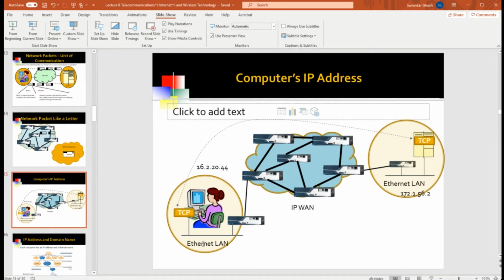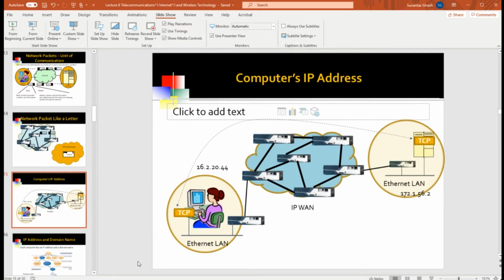Let's say I want to find something about the history of IBM, then I don't know the IP address of the web server where IBM's history resides. What I know is I can type in www.ibm.com. I know that, but I don't know the IP address of the IBM web server.